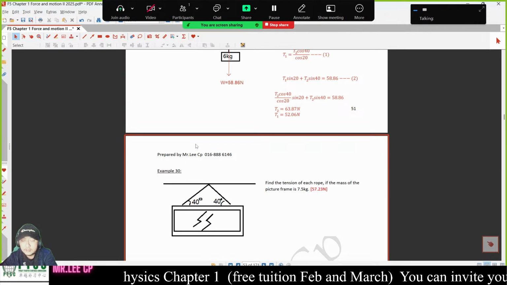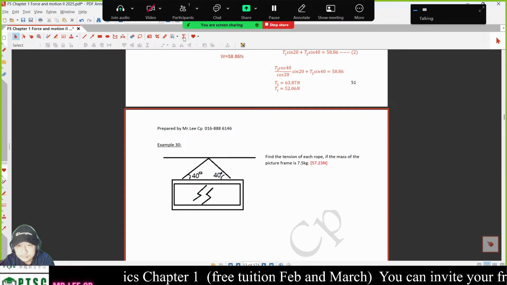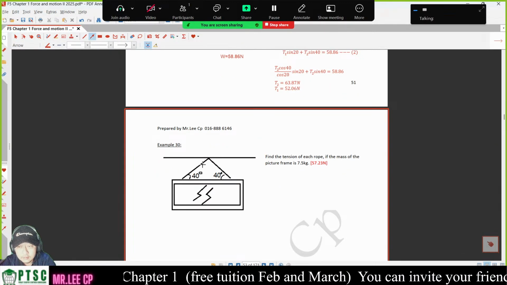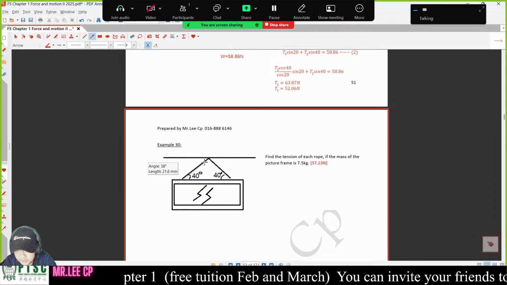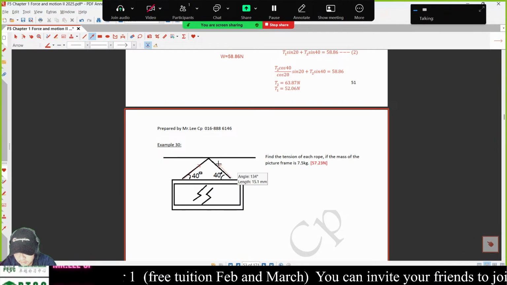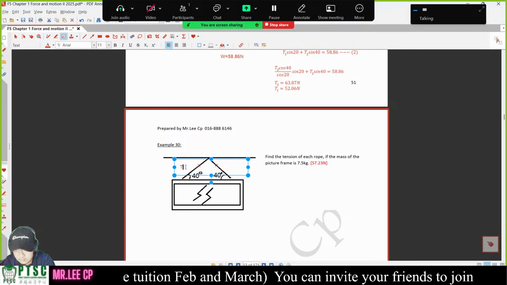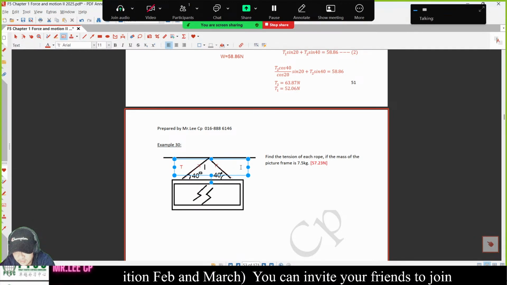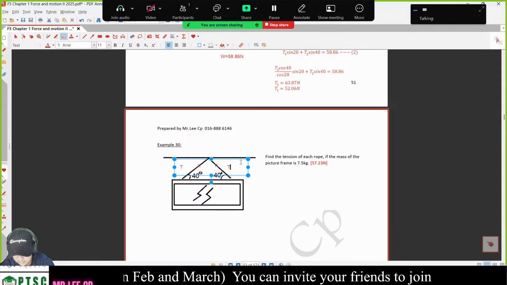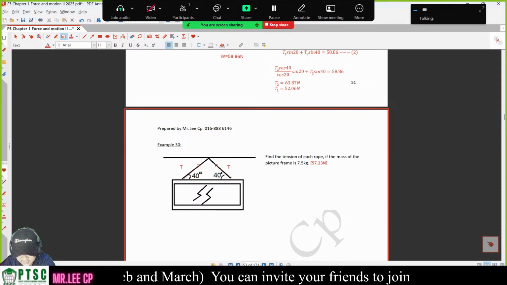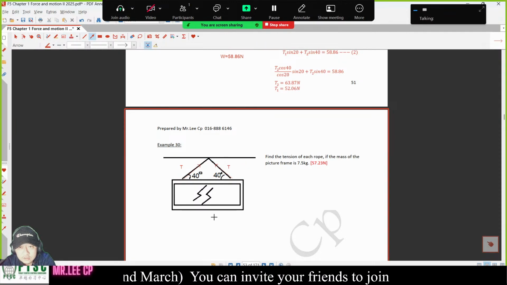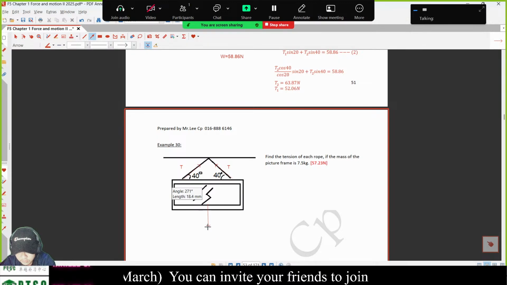Right? So I am going to do this. So here, that is a force tension. This is a force tension. This tension both are the same because the angle is the same. So that is a weight going downward.